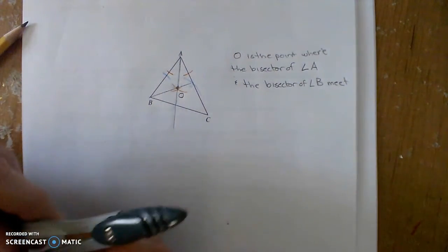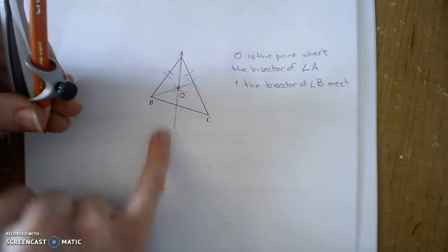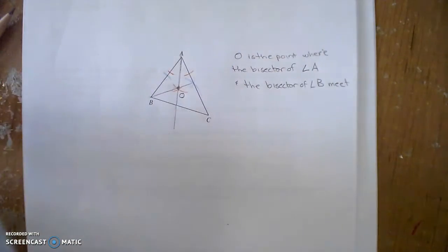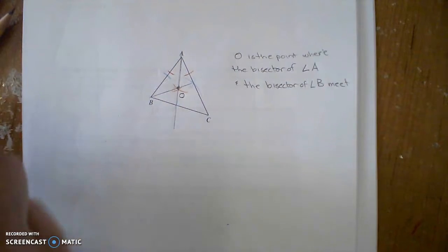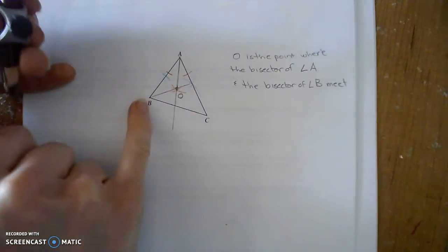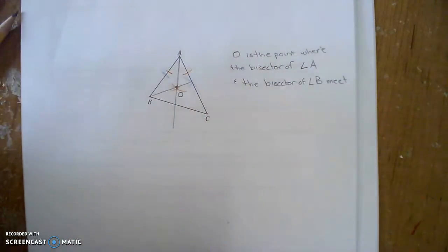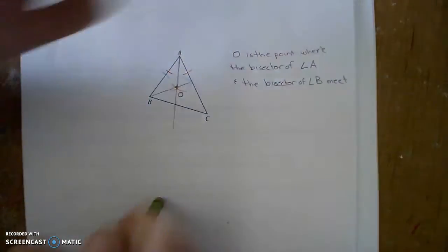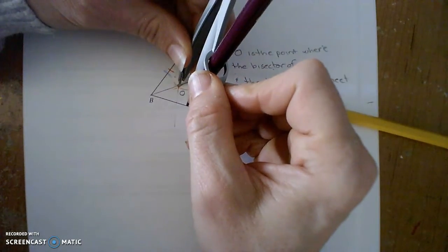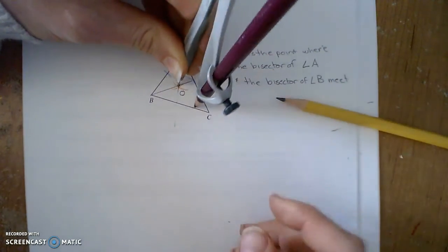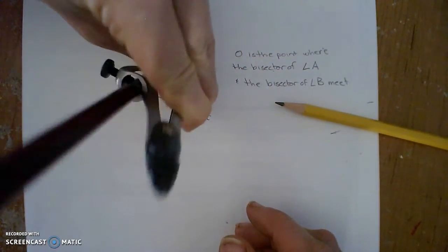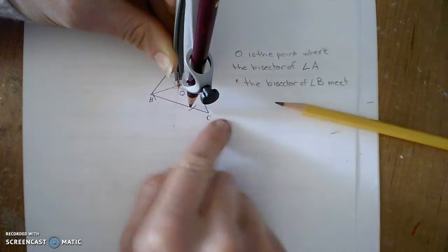And then, if you want to be really precise about things, we need to find the radius of the circle. So what I'll do is use the rhombus method to find the line perpendicular to any one of the sides. I'll use side BC because it's the cleanest side so far. That goes through the point O. So I'll use the rhombus method, set my compass point here, and draw two arcs that intersect that side.